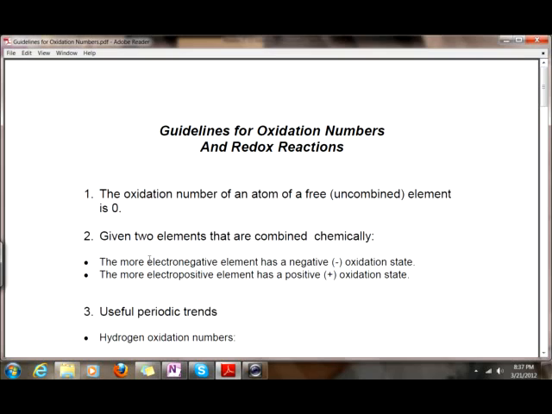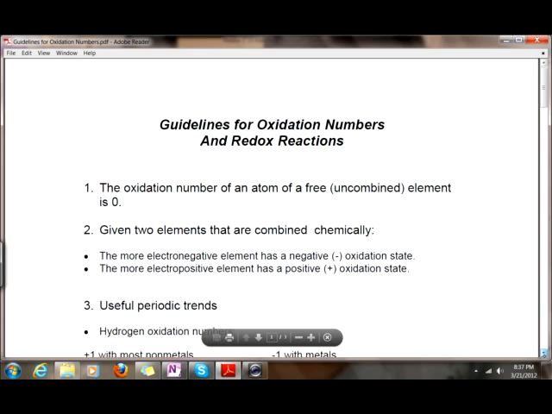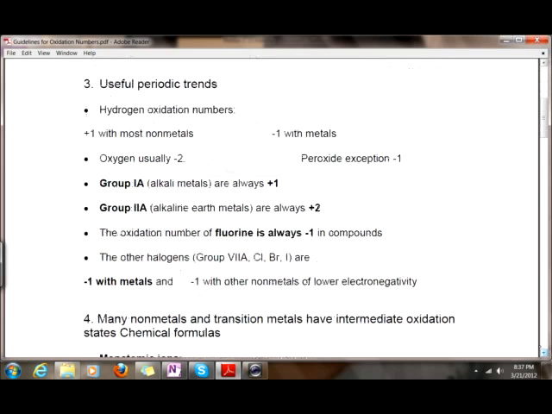What I was explaining before is that the least electronegative element is on the left side of the compound. Generally, there are exceptions. The more electronegative element has a negative oxidation number. It's basically something very similar to ionic compounds, because that's what we're assuming.